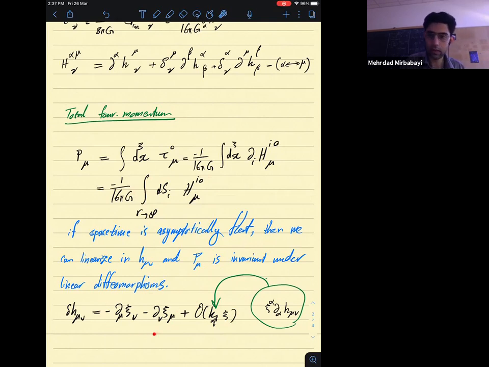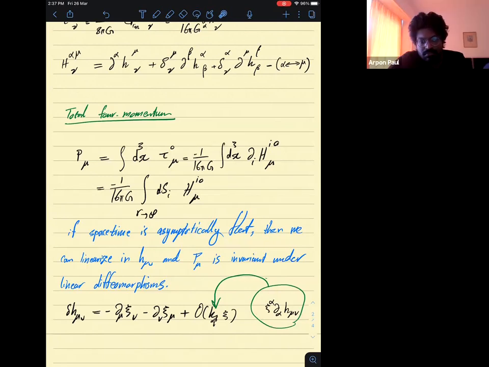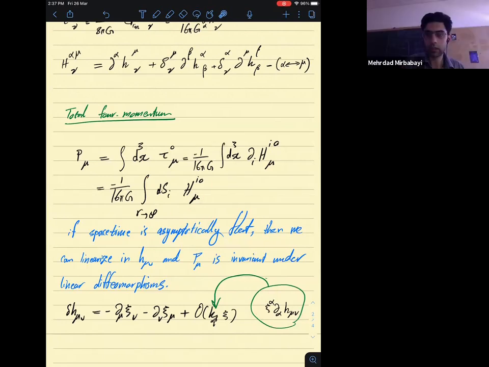If you do a Lorentz transformation, which is compatible with the assumption of asymptotic flatness, then you have to keep these terms because xi are actually growing at infinity. So I keep these terms and plug them in here, and I will get a Lorentz transformation of the result.